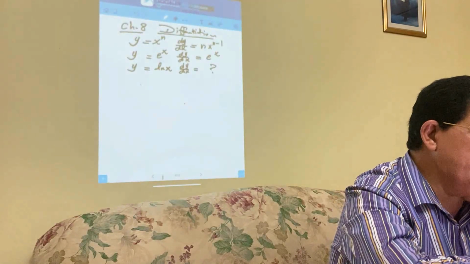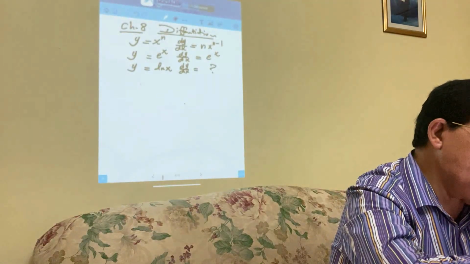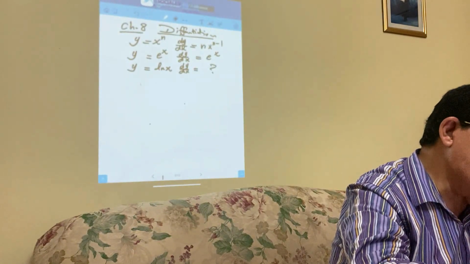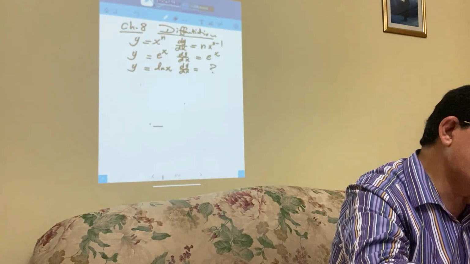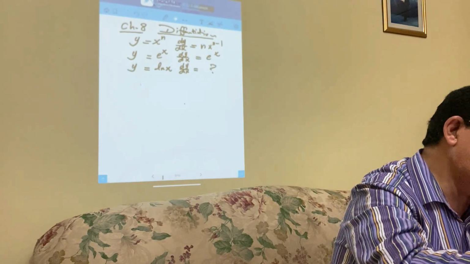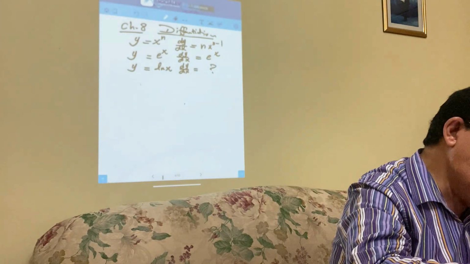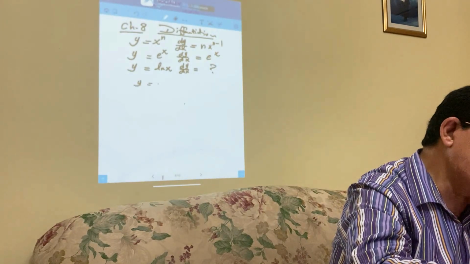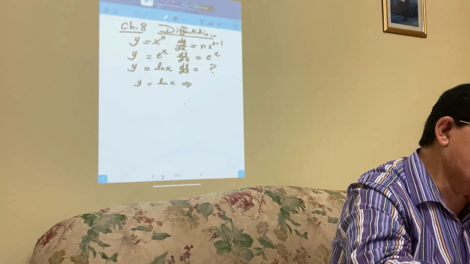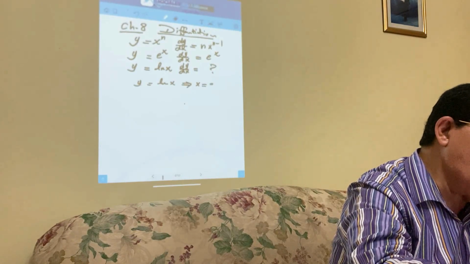Let us find this. Let us do a proof. If y equals ln x, that means x equals e to the power y.